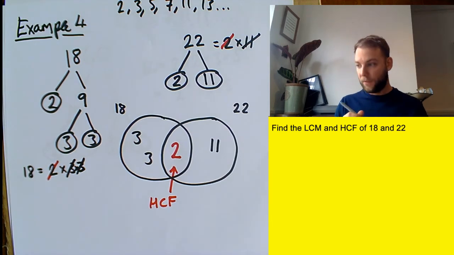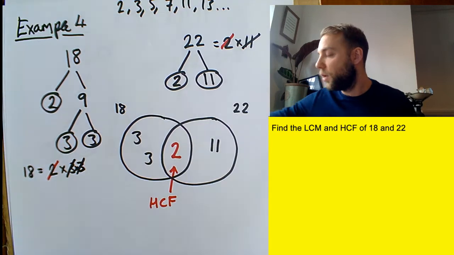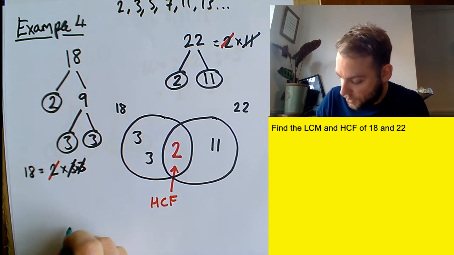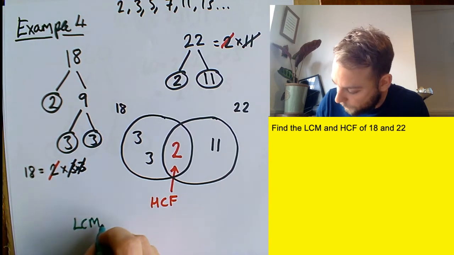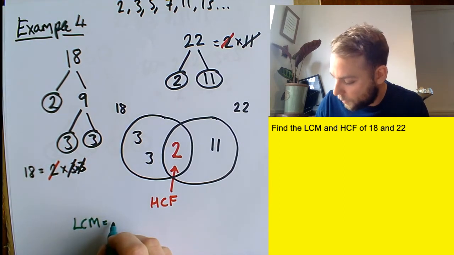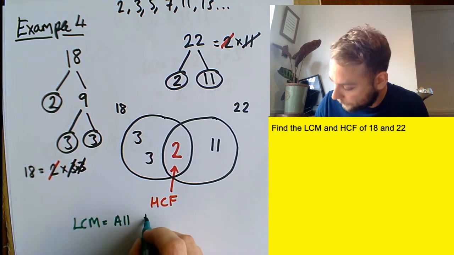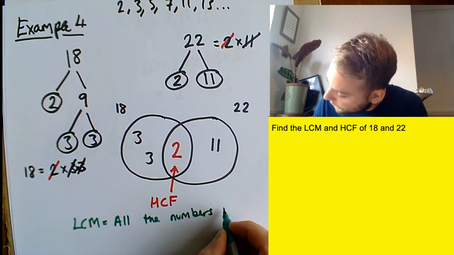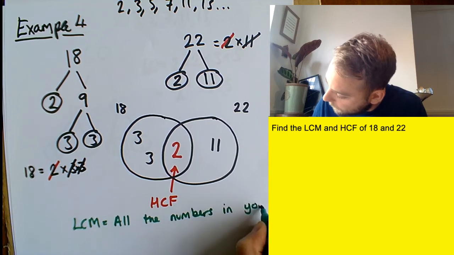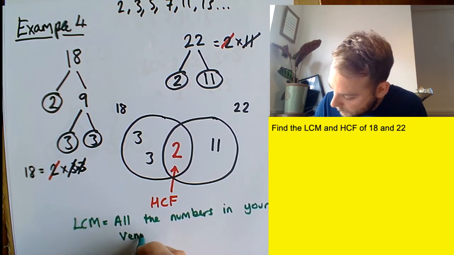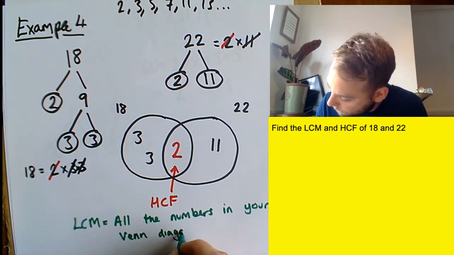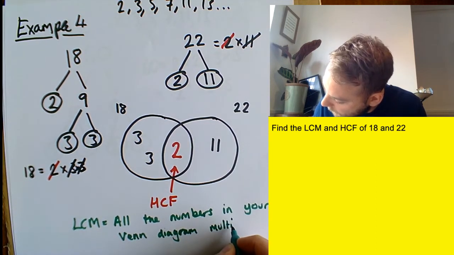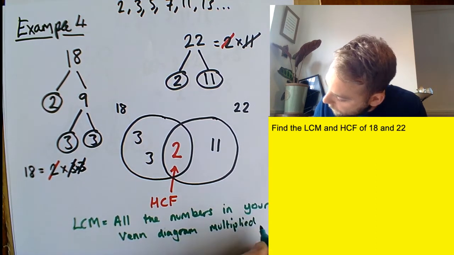Okay? If we want to work out our lowest common multiple, it's all of these numbers multiplied together. So your lowest common multiple is all the numbers in your Venn diagram multiplied together.